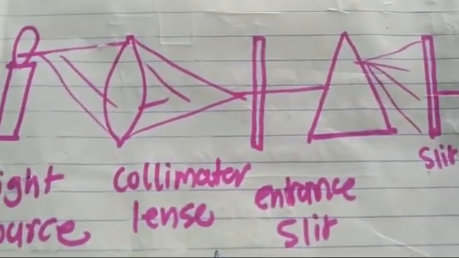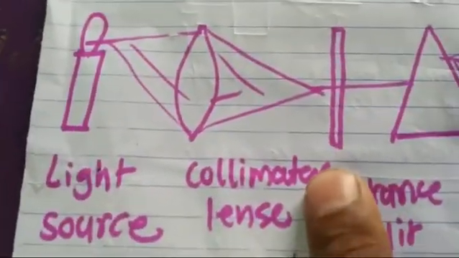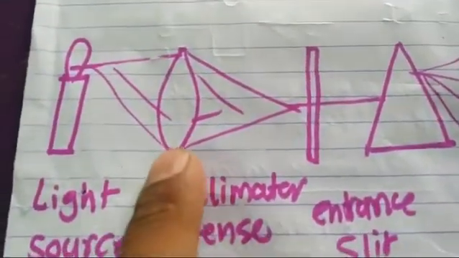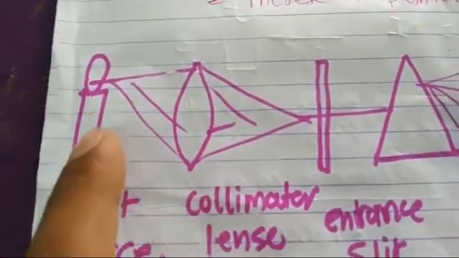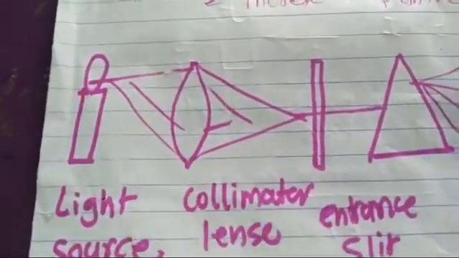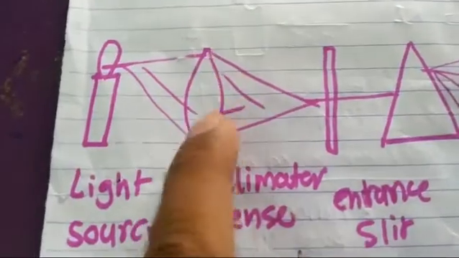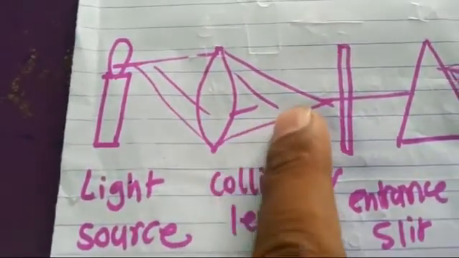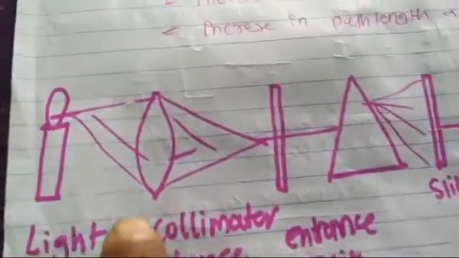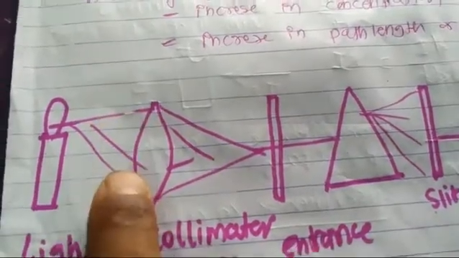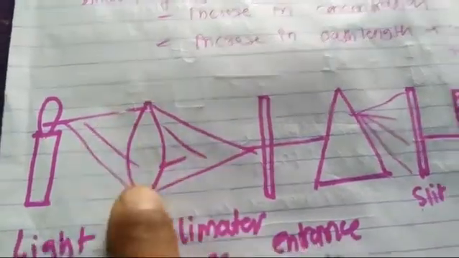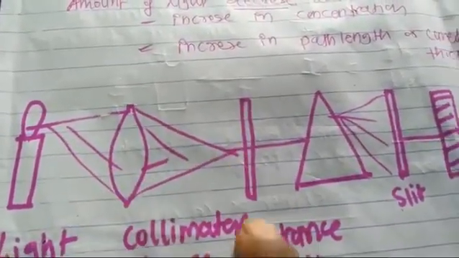The lens collects all the radiation that comes from this source and directs it into the monochromator entrance slit. So the rays that come from this light source are collected by this collimator lens and go directly to this entrance slit.